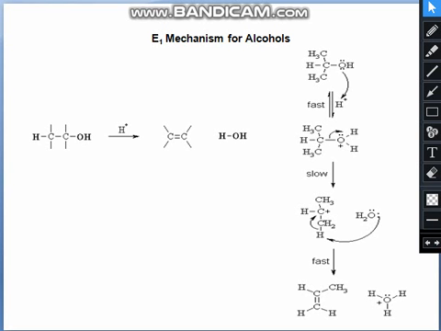Then second is step 2. In this, cleavage of the carbon-oxygen bond allows the loss of a good leaving group, a neutral water molecule, to give up a carbocation intermediate. This is the rate determining step because a bond breaks in this. It is endothermic, meaning this reaction is slow. We can see this.